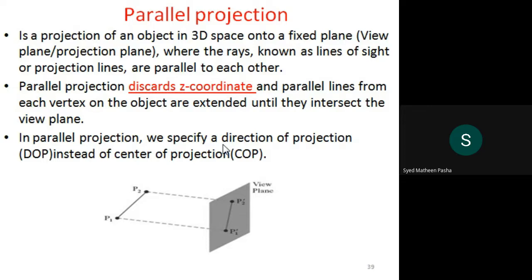Here the intersection remains very important. The first point to remember with respect to parallel projection is that some coordinates are discarded so that you get a better plane in the final result. And then the intersection of view planes is very important with respect to parallel projections.